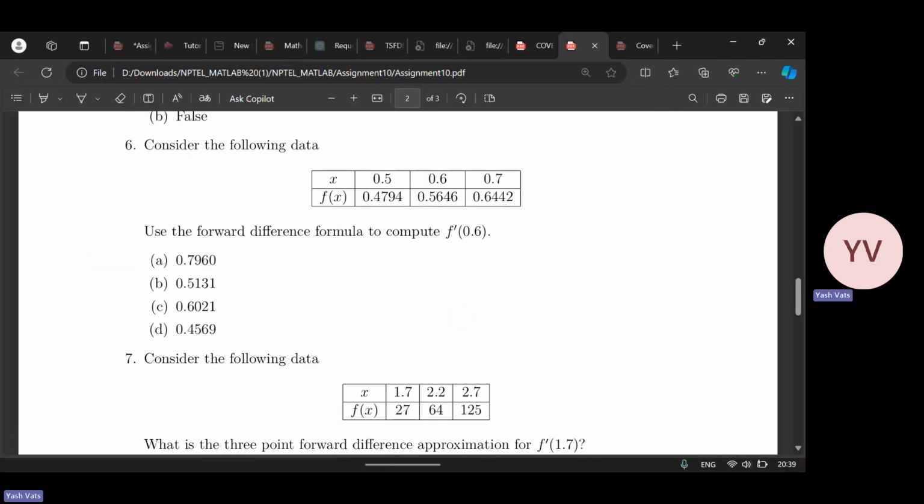Consider the following data, then use forward difference. Let me write this question now.